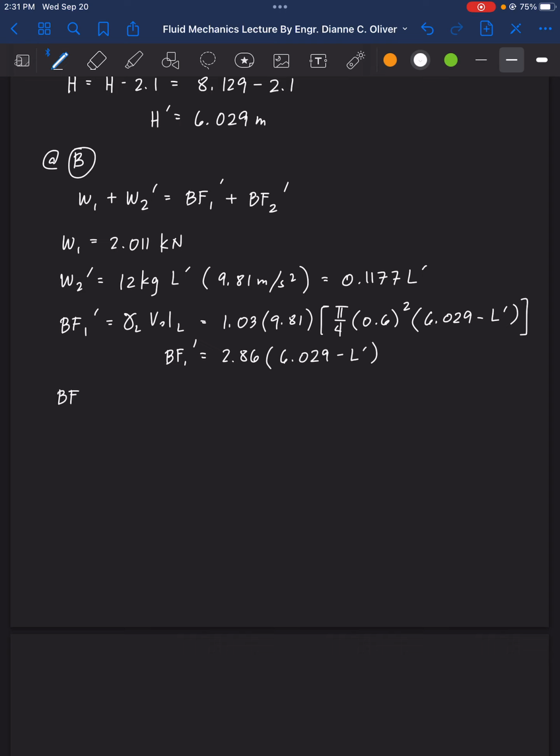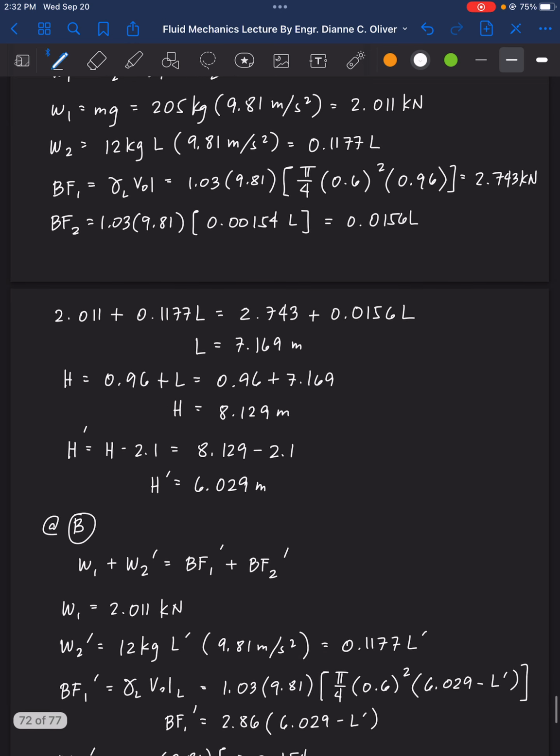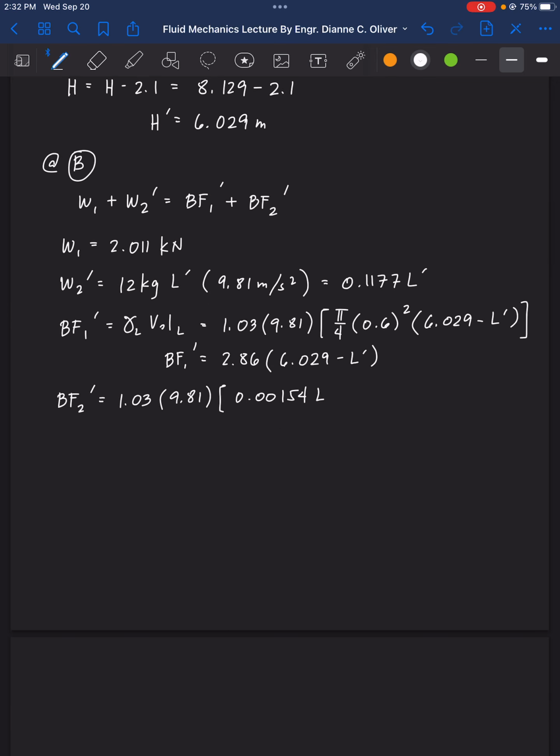Then let's go to buoyant force 2 prime. That is again gamma L volume. So 1.03, 9.81. The volume, we solved the volume a while ago. That is 0.00154. You recall? Here. And that is L prime. Instead of L, we are using L prime here. So BF2 prime is equal to 0.0156 L prime.